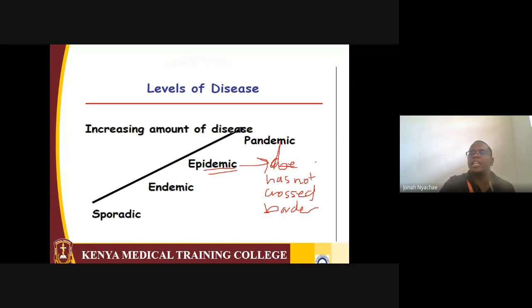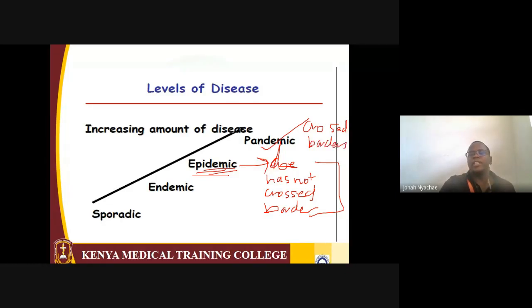If it is in Kenya, it is just within Kenya. And then when it becomes a pandemic, it has gone beyond an epidemic, and that disease incidence or prevalence or occurrence has crossed borders.